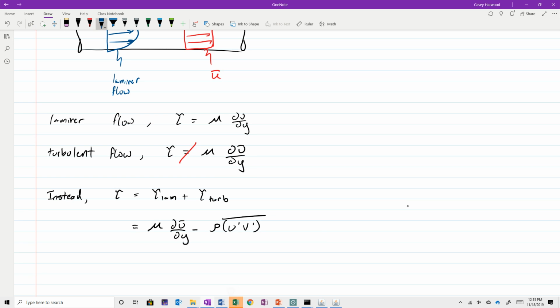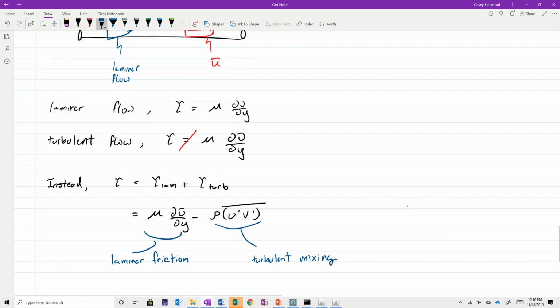So this first term represents the laminar friction, that molecular diffusion, that rubbing of fluid particles against each other that begets friction. And this second term represents the turbulent mixing that occurs.